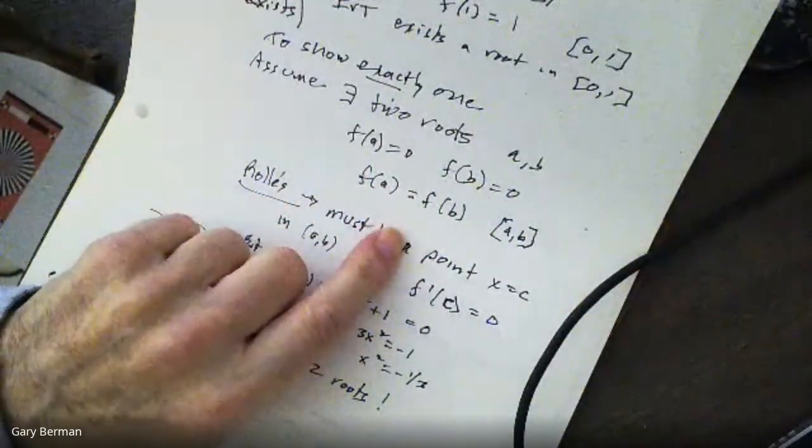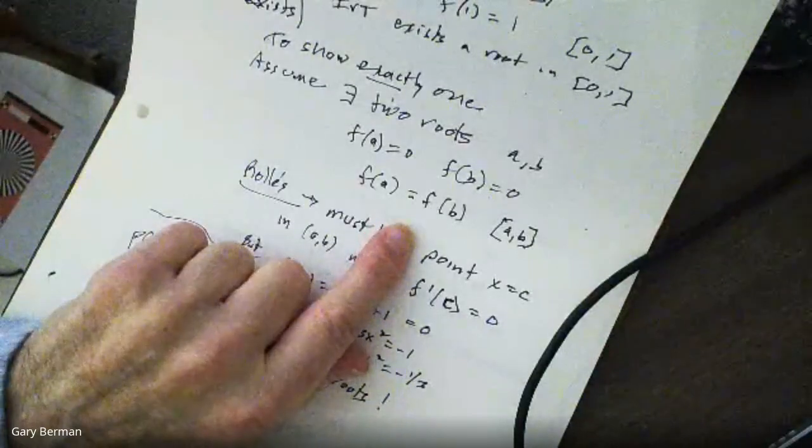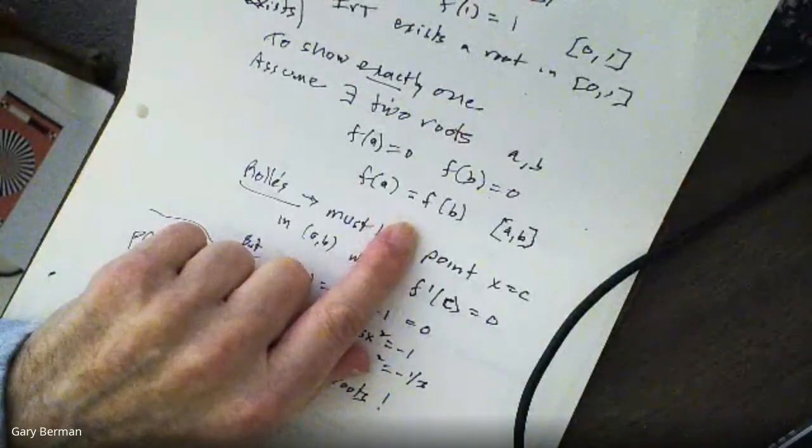They both equal 0. Oh, I see. Pretty slick, huh? Yeah. Nice little trick. And this is precisely what we need to bring in Rolle's theorem. We need a situation where f of a equals f of b. Okay? Thank you.